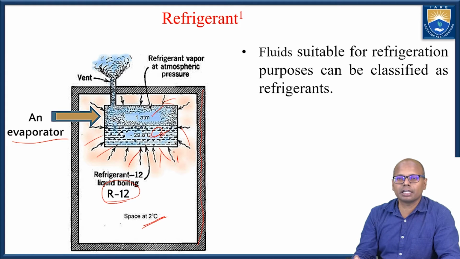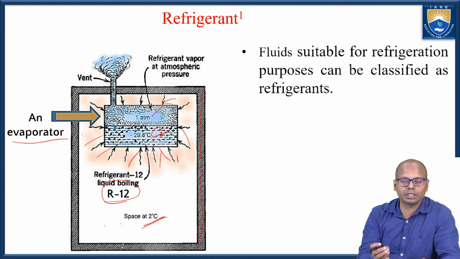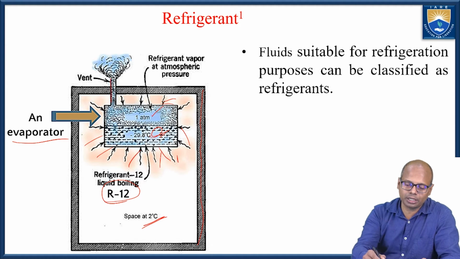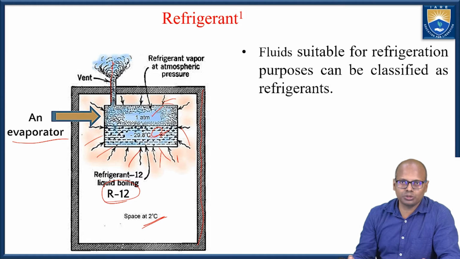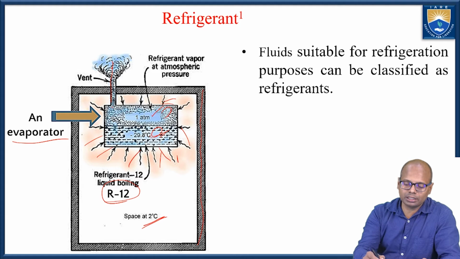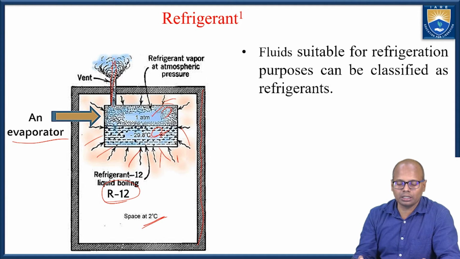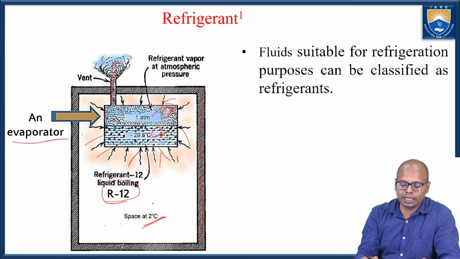So this is the refrigerating space, and from this space it absorbs heat and boils, so that it is converted into vapor, and this vapor is left to the atmosphere so that the pressure inside the chamber is maintained at 1 atmospheric pressure. When this vent is open to the atmosphere, the pressure inside remains at 1 atmosphere, and it is taking heat.